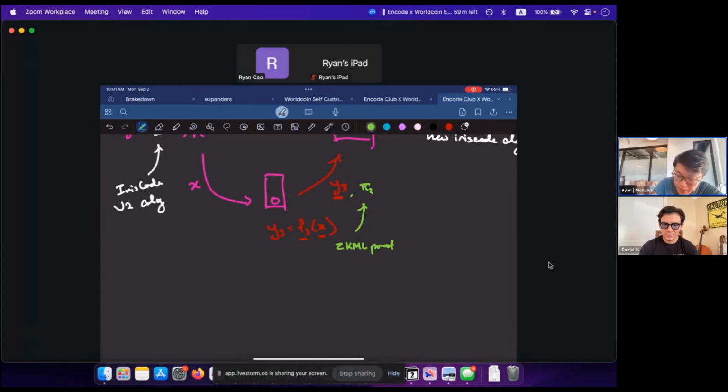Given pi2 as well as what I'm going to call box X, which is a commitment to X, a commitment to X basically says, here is something. It's not going to reveal anything about the data inside. However, I can use it to verify that the operation I computed on X was computed on the thing that is inside the box.